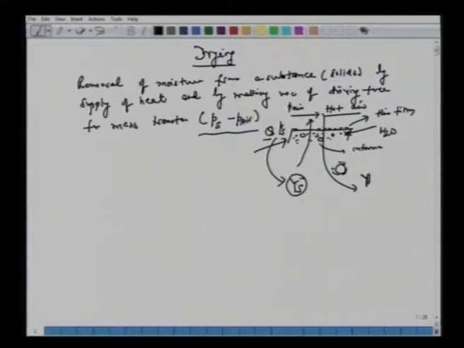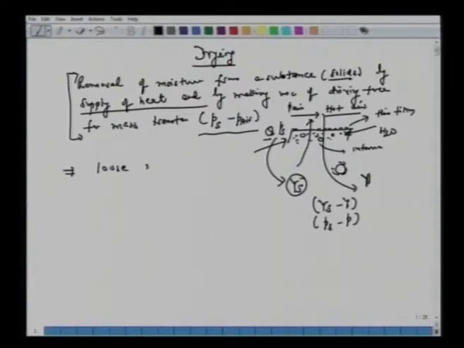So that's the driving force. We can also represent it in terms of YS minus Y, corresponding to this PS minus PA. So essentially we have to supply some heat, that's one thing, and we are talking of removal of moisture from solids. And we said that maybe we can note down that this drying has a loose meaning.